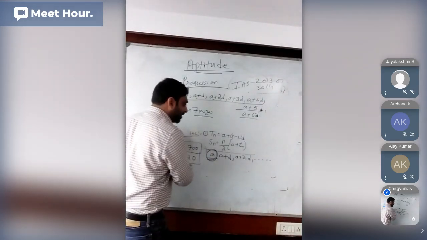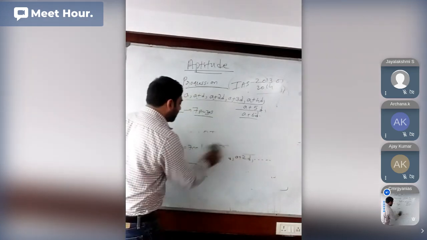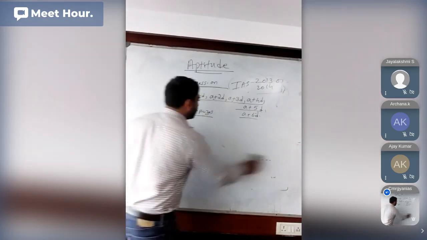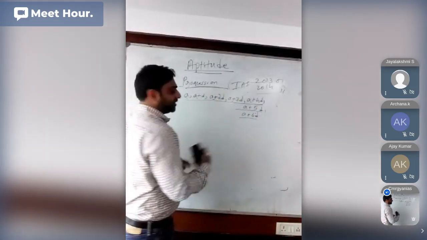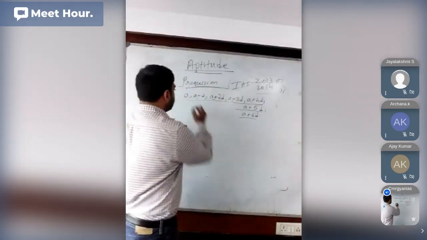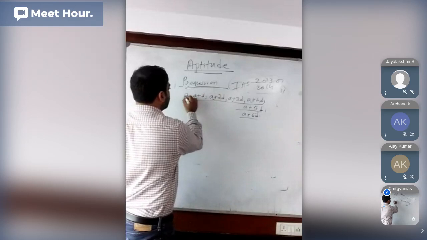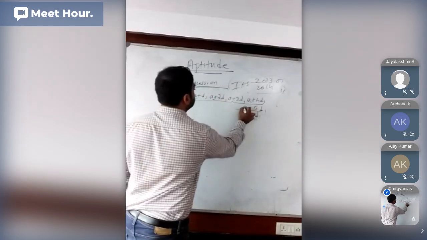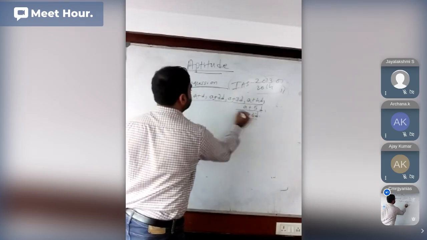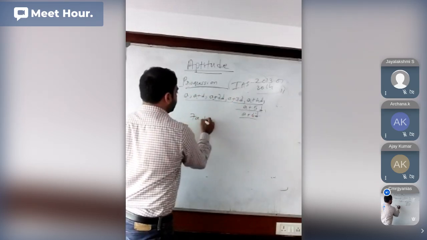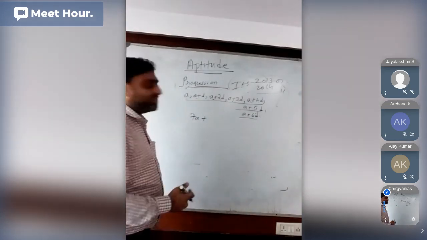So we do not require this formula itself to answer this. He is telling total of all this is 700. So add everything. There are 7 A's. So it becomes 7A plus how many D's are there?